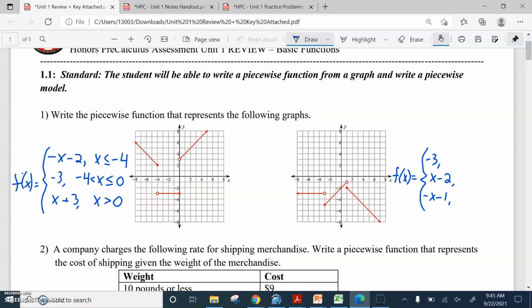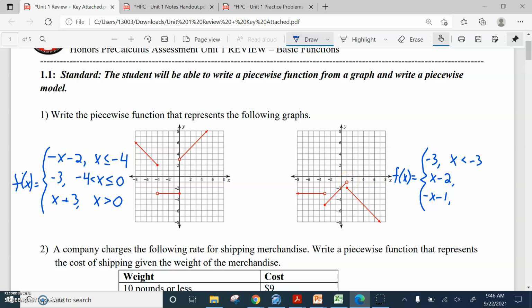The domains. This first piece is good all the way from the left, -infinity, all the way up until -3, but not including. So that would say x less than -3. The next piece we have starting and including -3 up to 1 but not including.